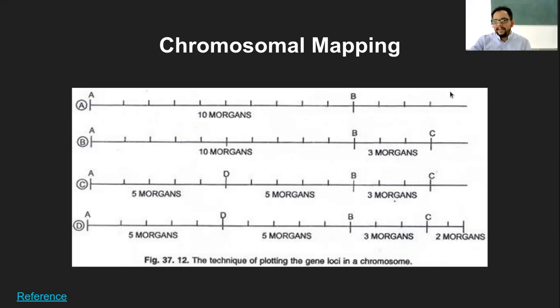Same is the case here. Depending on the number, you are only referring to 10 Morgan. That means the distance between these two genes is 10 Morgan units. But the recombination, because they are not completely linked, because the Morgan is quite long distance relatively.